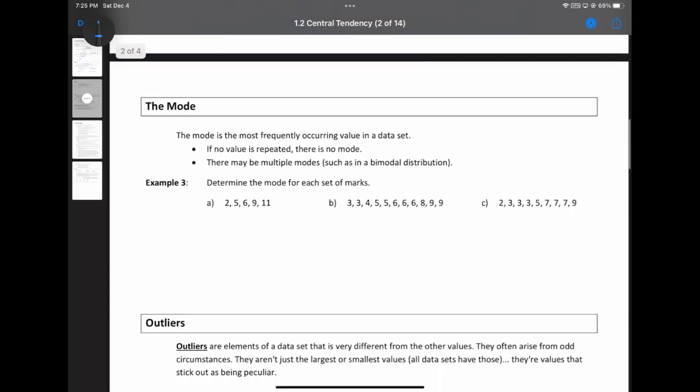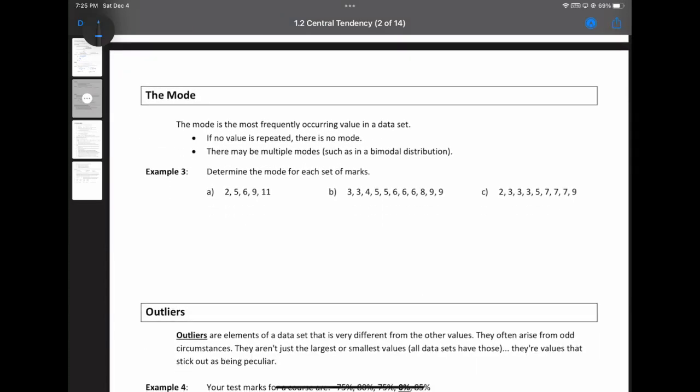And finally, the mode. This one's even easier than the median. It's literally look at the data set and ask yourself which of those values appears more frequently than the others. Now, this one can get a little bit tricky as far as how we treat these in reality. For these number sets, they're fairly small, so we're going to take it literal and say it's got to have the most in order to be the mode, or in some cases, it could be tied for the most.